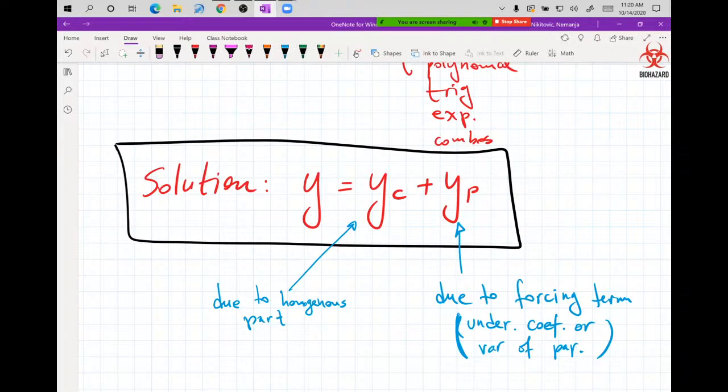So now our total solution will contain the complementary solution due to homogeneous part and the particular solution due to forcing term. And that's where you use undetermined coefficients.